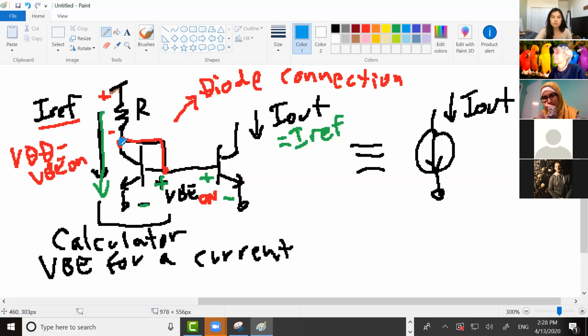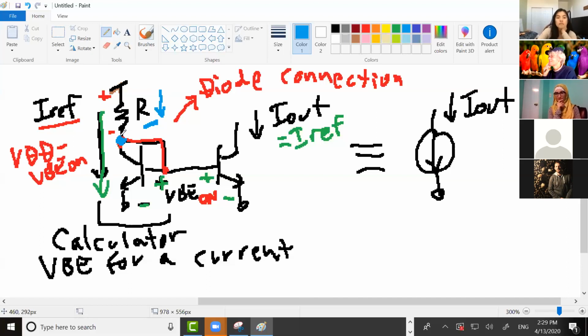So it's not going to be exactly VBE on, but it turns out resistors react much less when you change the voltage across them. What I should say, there's not all that much of a voltage change across it. So the current through the resistor is going to be pretty close to the current you're targeting if you use VBE on here. Let me try to say that better.